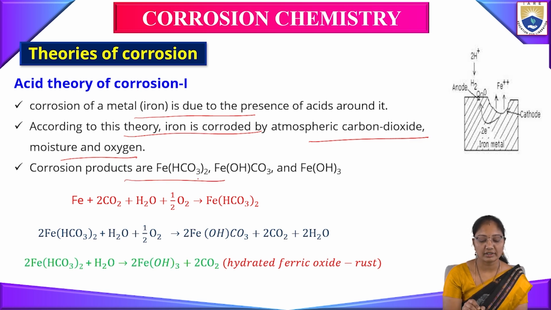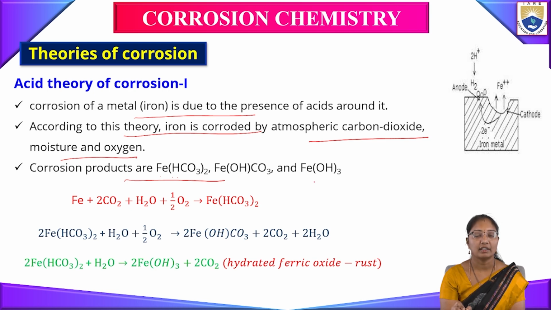So the corrosion products are Fe(HCO3)2, FeOHCO3 and Fe(OH)3. The iron compounds react with the carbon dioxide, oxygen and moisture, resulting in the formation of rust, which is nothing but the corrosion.